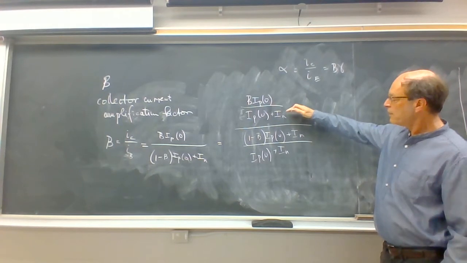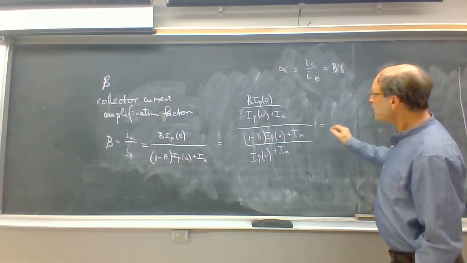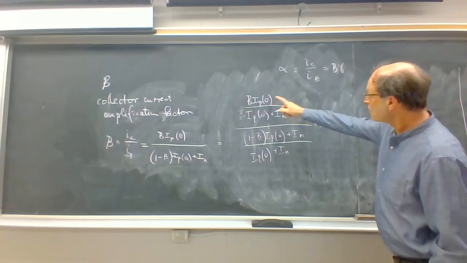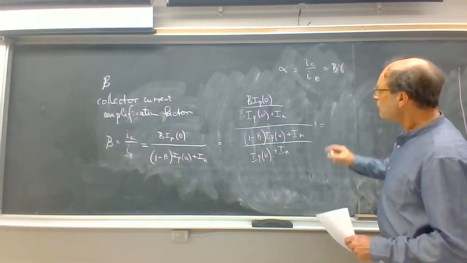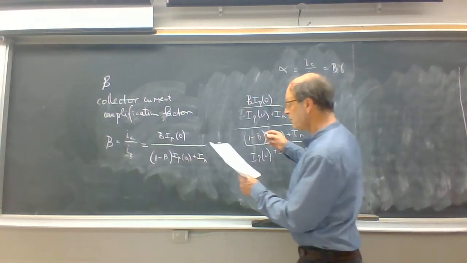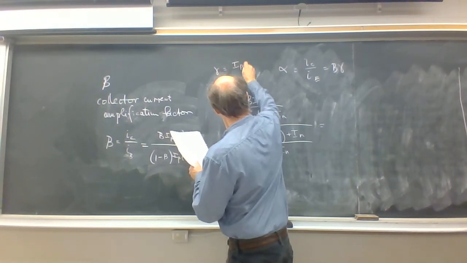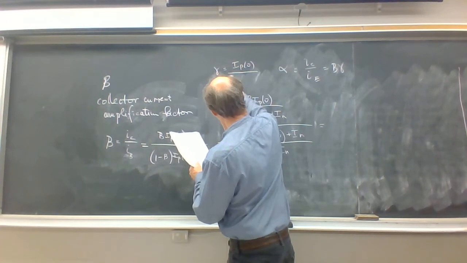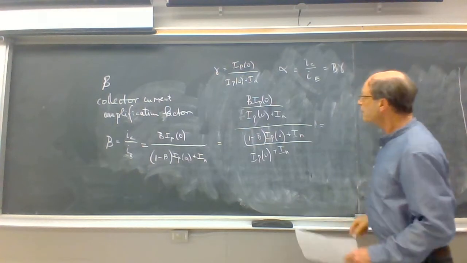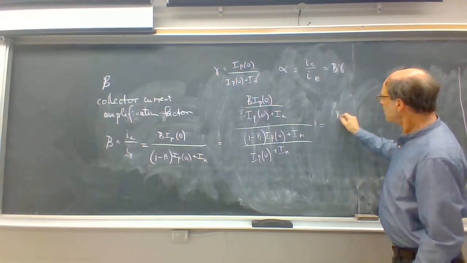So far all I've done is I've divided both numerator and denominator by the same expression. And I'm now going to rewrite the numerator. If you go back to the previous section of this video, you'll see that we defined gamma as that ratio. So you can see the numerator here is really just B times gamma.